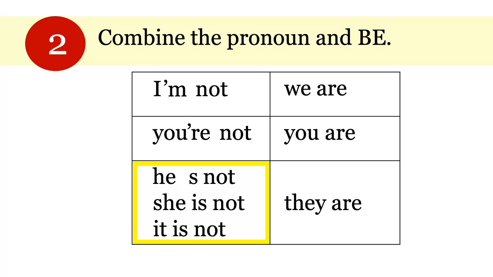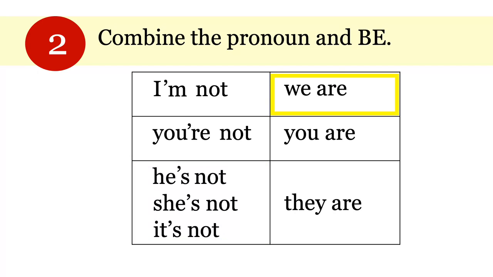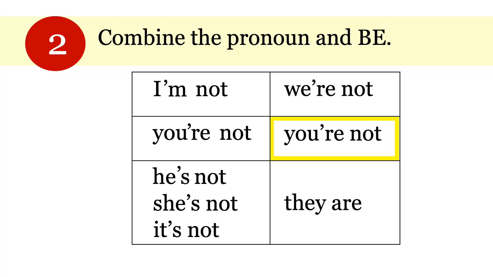He is not. This time it's the S you drop, then use the apostrophe. He's not, and she's not, and it's not. And the rest of these use are, so they follow the same pattern. We're not, you're not, they're not.